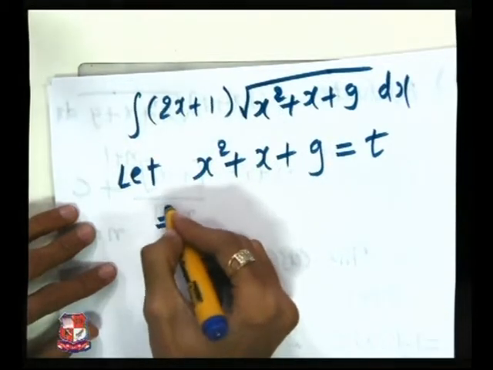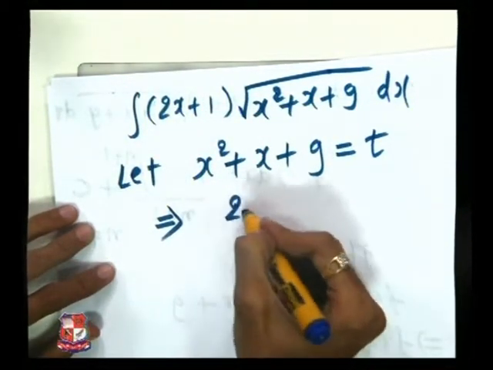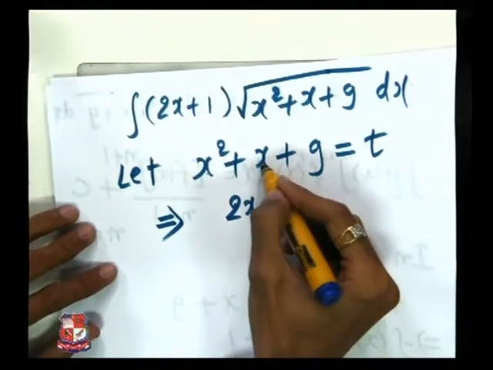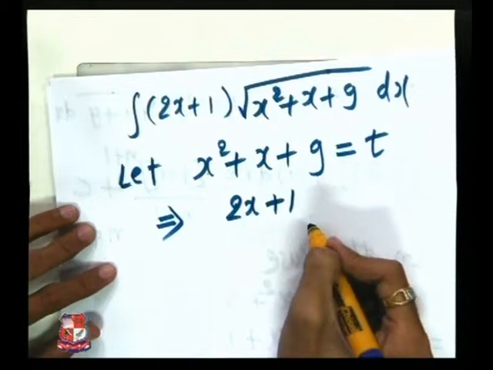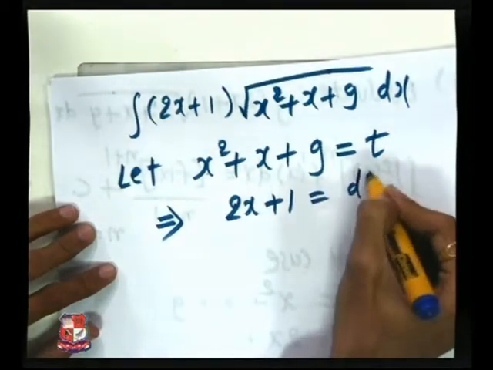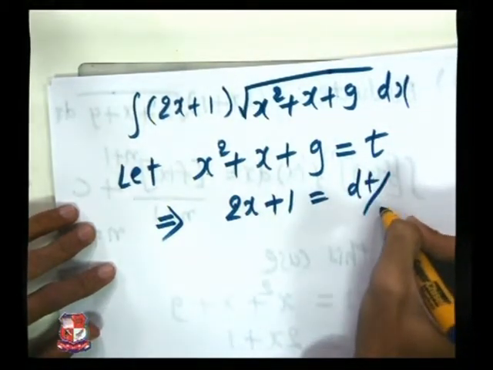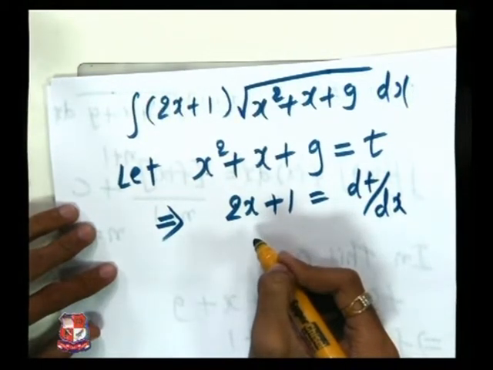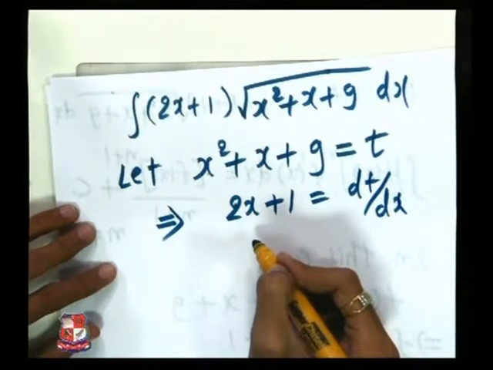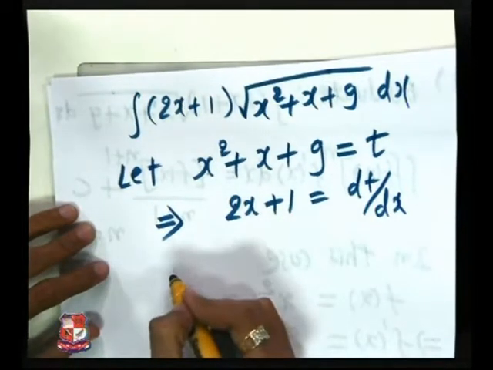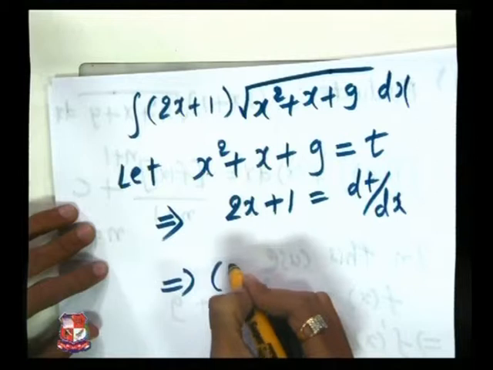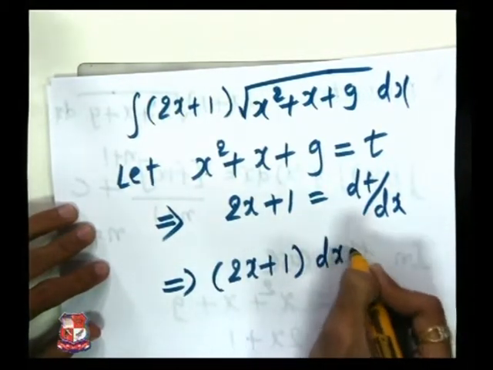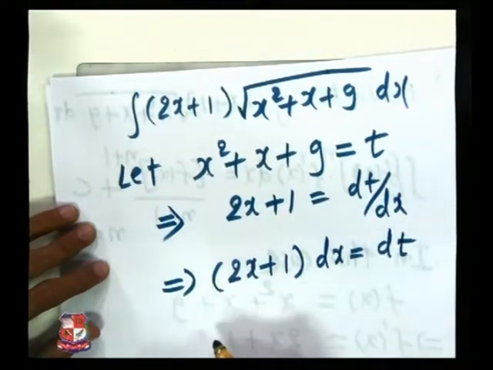So by differentiating both sides, I will get the differentiation of x square, that is 2x, plus the differentiation of x, that is equal to 1, that is equal to dt by dx, because the differentiation of 9 is equal to 0, which implies 2x plus 1 into dx is equal to dt.